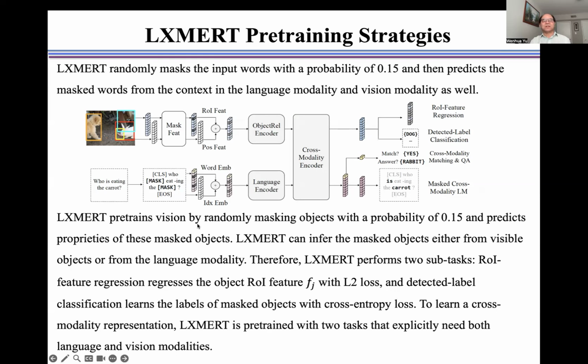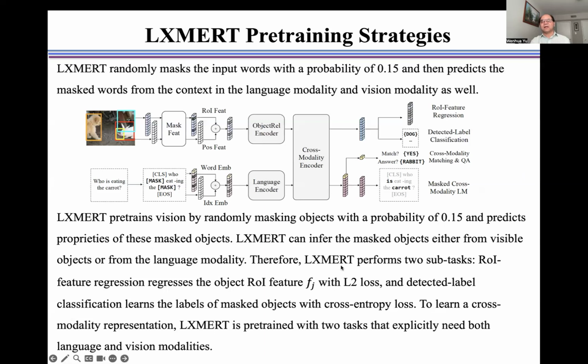LXMERT pre-trains vision by randomly masking objects with a probability of 0.15 and predicts the properties of these masked objects. LXMERT can infer the masked objects either from visible objects or from the language modality.